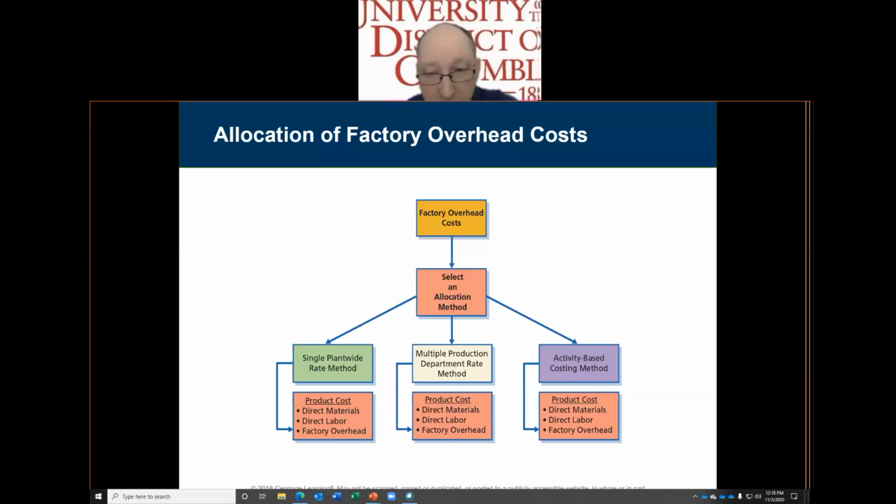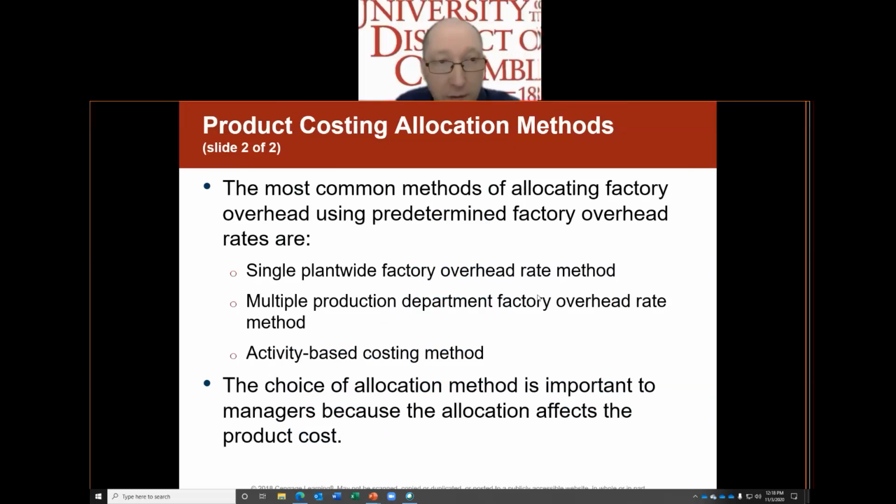But we're going to do a deep dive on activity-based costing, which is very specific to how we apply factory overhead. It's more accurate. It's probably the most accurate way of allocating factory overhead. Most common methods of factory overhead are using predetermined rates.